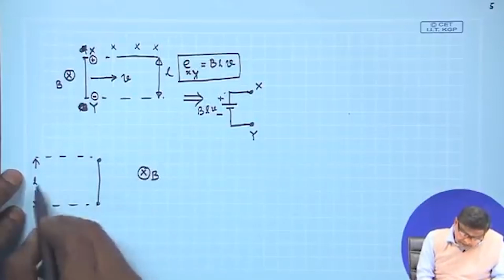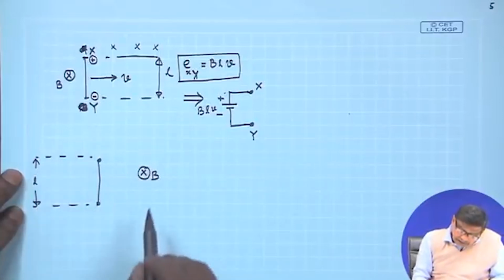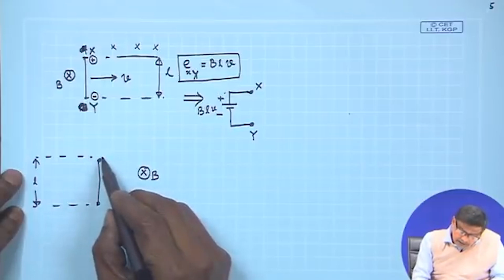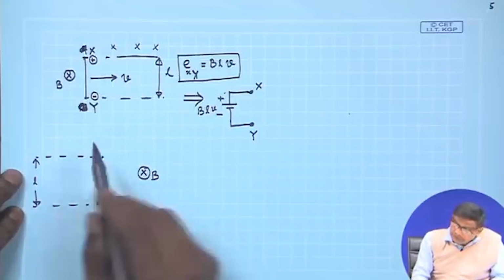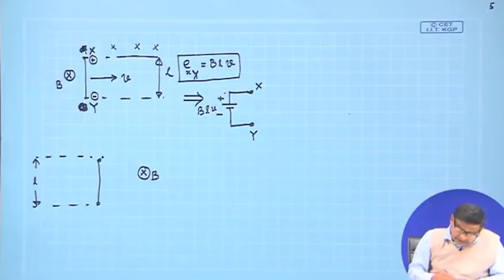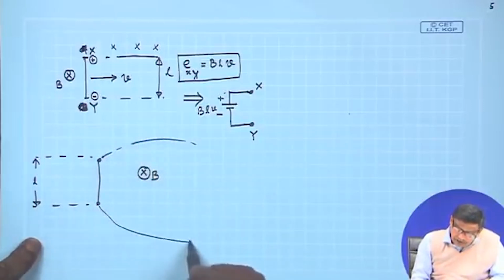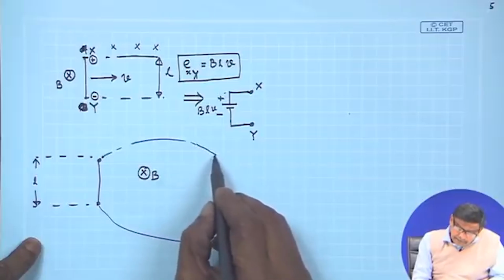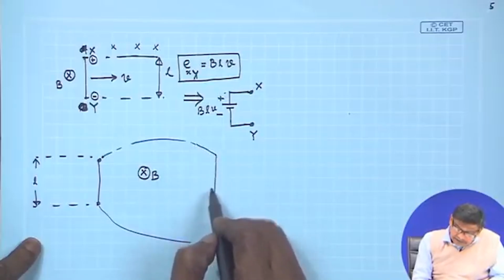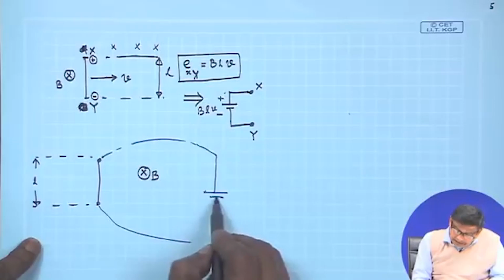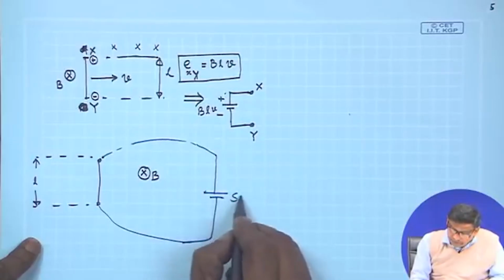So, suppose this length is L, and to this end I will connect 2 flexible wires, and I will connect a battery, an outside source.